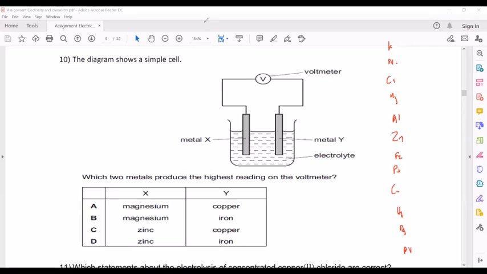Magnesium and copper. So if I take magnesium and copper, magnesium and iron, zinc and copper, and zinc and iron, it's magnesium and copper. A is the right answer.